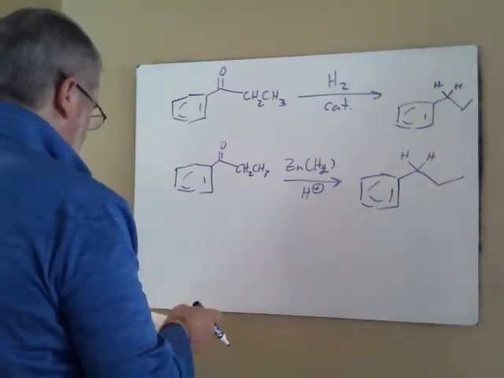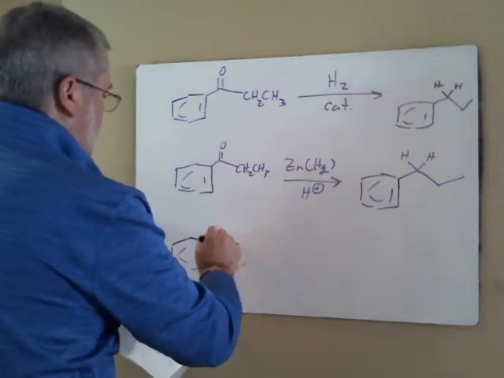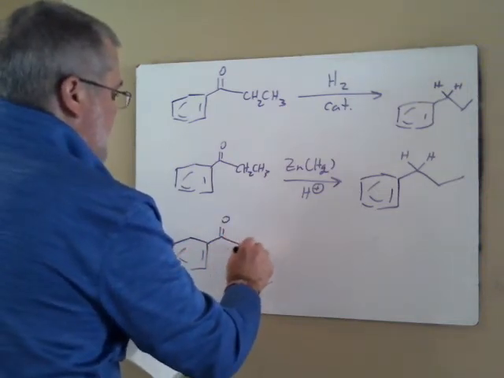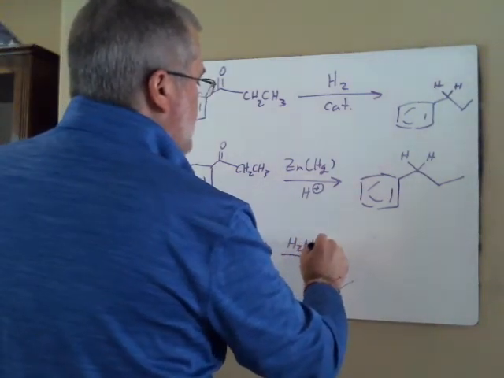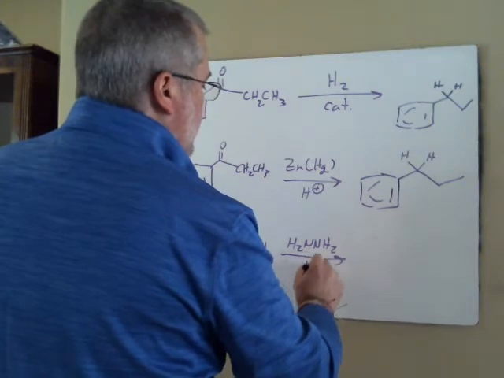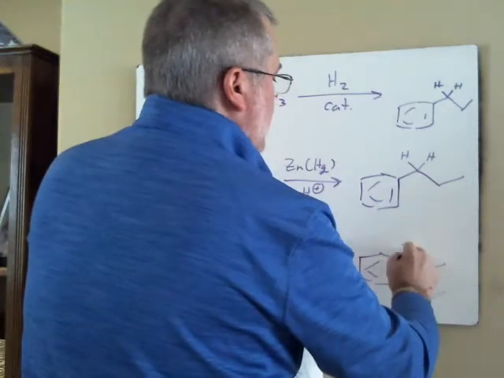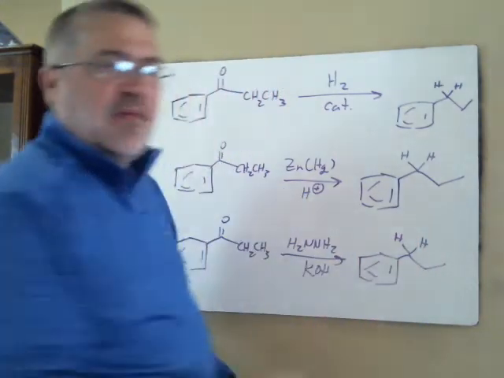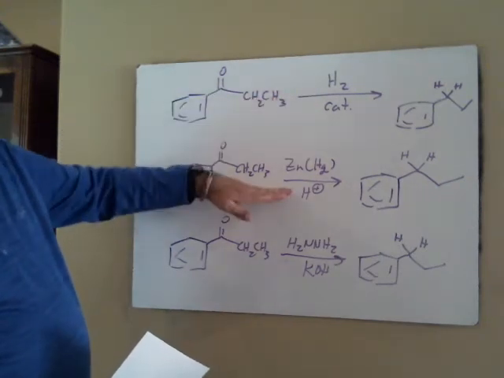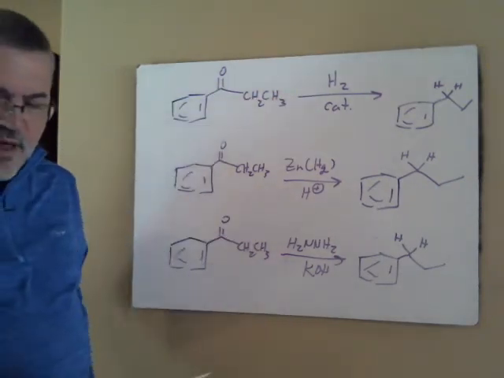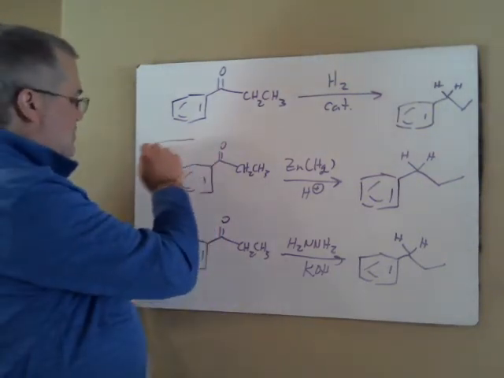And now we've also seen that we could take this ketone and react it with hydrazine under the Wolff-Kishner conditions, and again get the same product. So 3 different ways of doing the same thing, okay? But the conditions are different. Neutral, acidic, basic, okay?